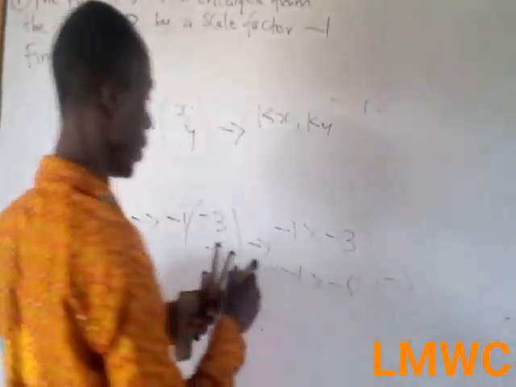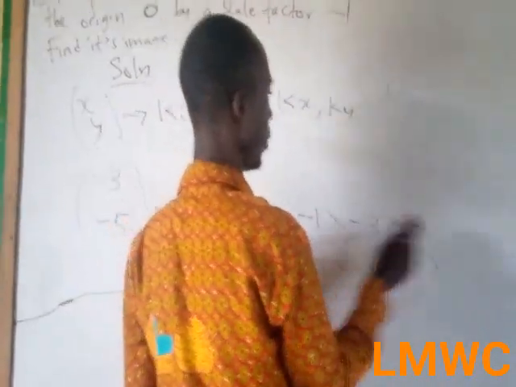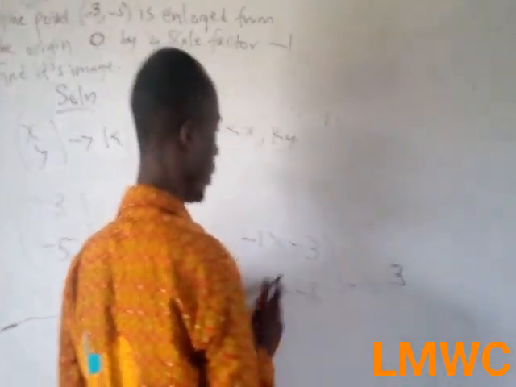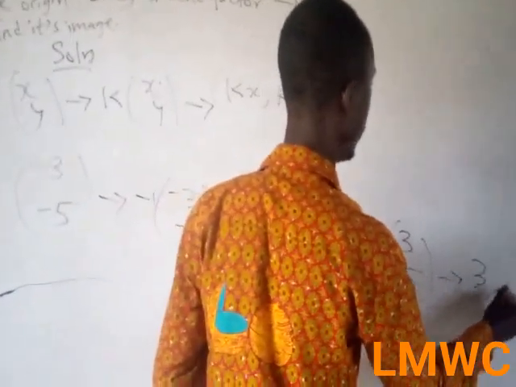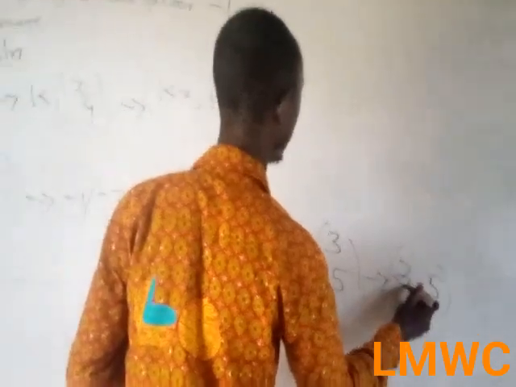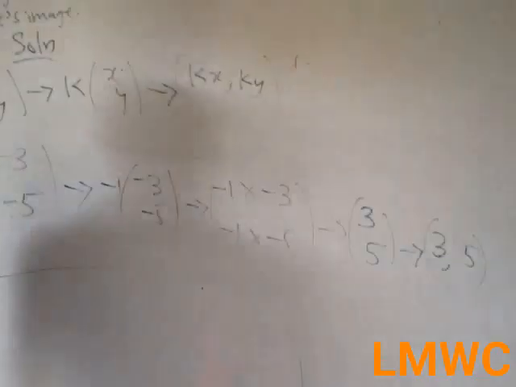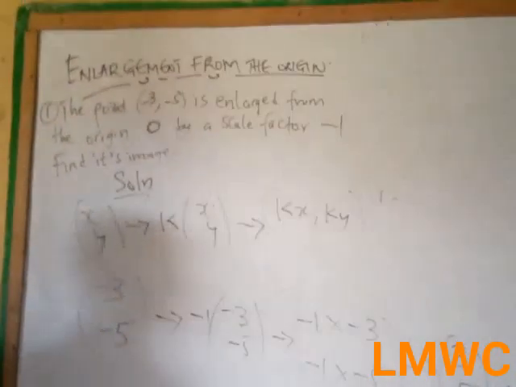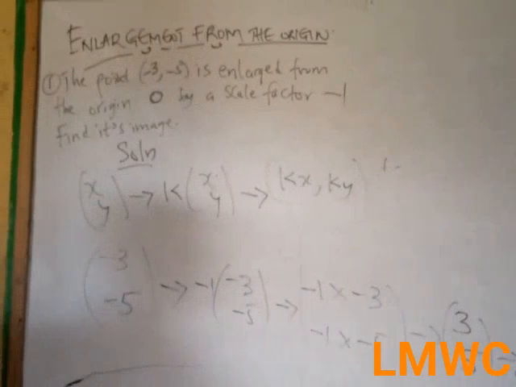So negative times negative, we know, is positive. Applying integers, this times this is +3, this times this is +5. So you have (3, 5). So always on the enlargement from the origin, take note that you will be given a scale factor, and you will multiply the scale factor by your coordinates. So it's not difficult. This is all that I have under enlargement from the origin.